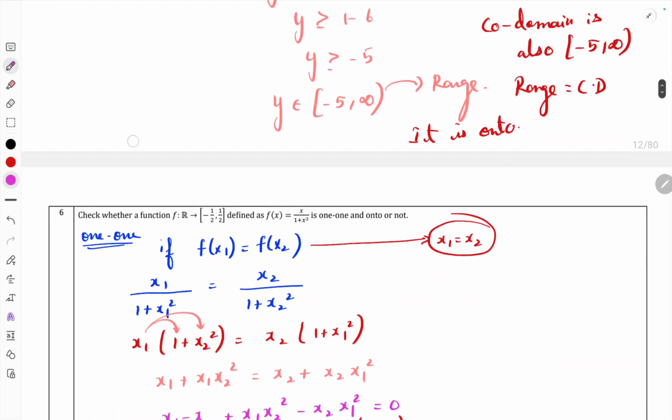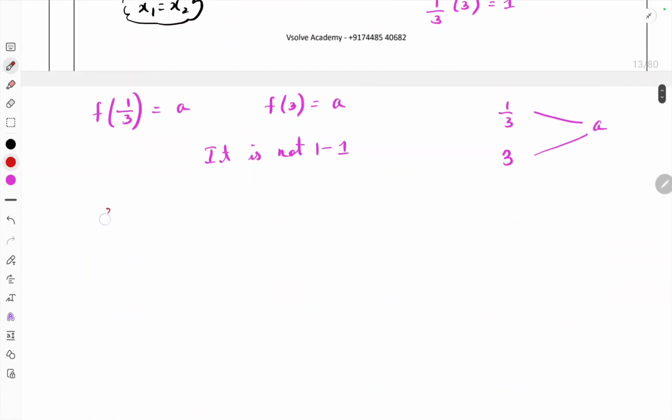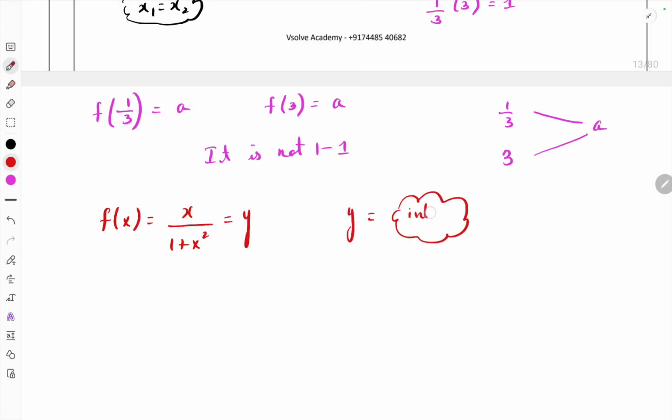So for onto, f of x equal to x divided by 1 plus x square, so it is equal to y. So y is given in terms of x. So we have to write x in terms of y. So this is what we have to write here.